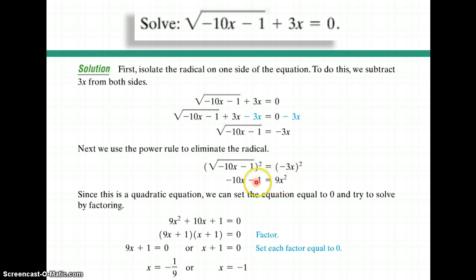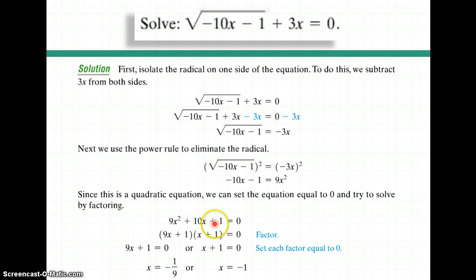To change this equation into standard quadratic equation, add 10x and 1 to both sides of the equation. So we have 9x square plus 10x plus 1 equal to 0.